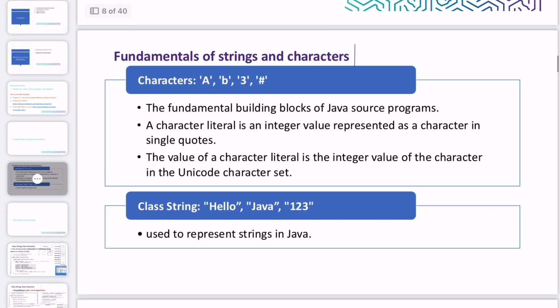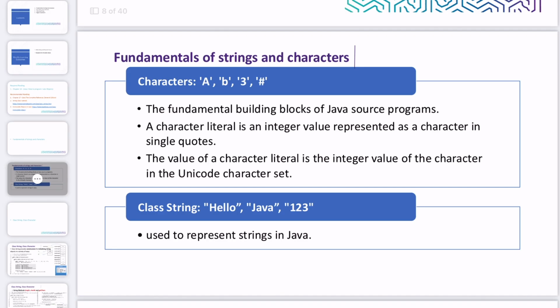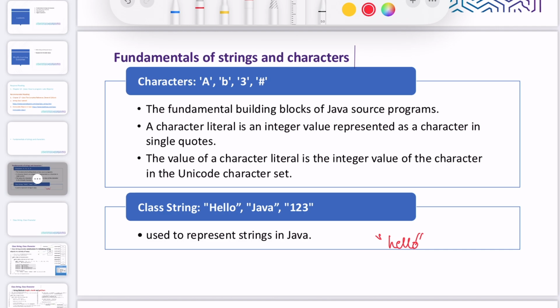So, in the string and character class, we talked about the idea of string and character, and we said that a string is always surrounded by double quotation, like the word hello, and a character is always surrounded by the single quotation, like the letter S, for example, or the symbol hash.